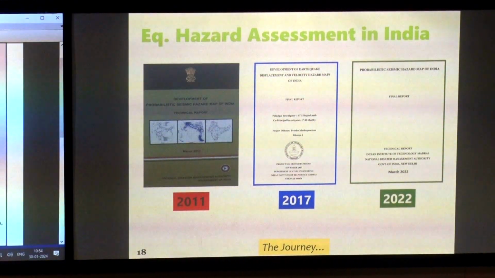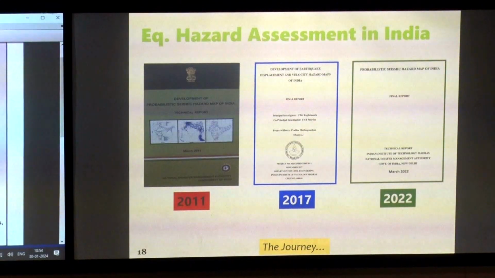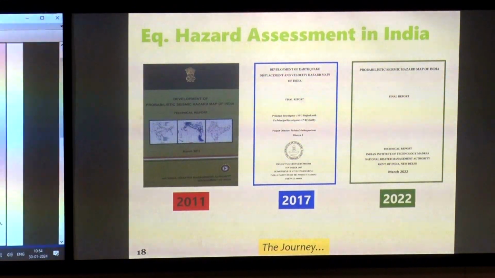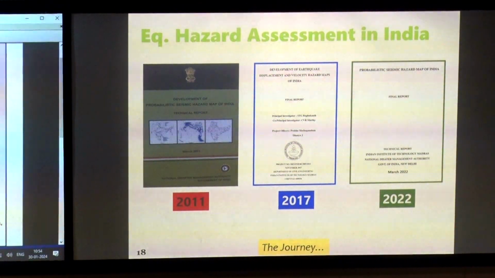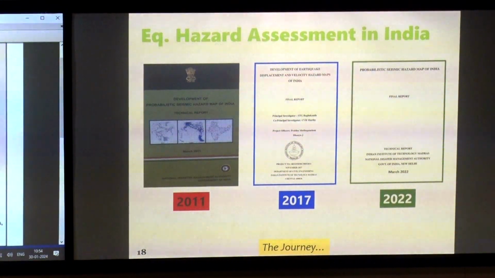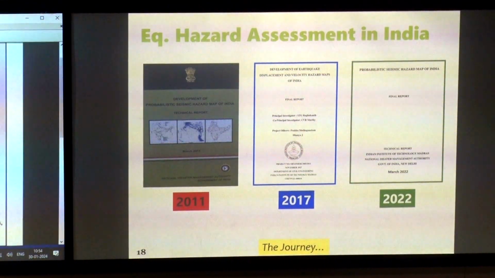Now, you have already seen the draft, so you know that the hazard levels are different, and if you compare a certain Z value, for instance, you will see that there is a difference. And then the question that automatically comes to mind is, how come there is so much change? Well, it has not happened overnight.